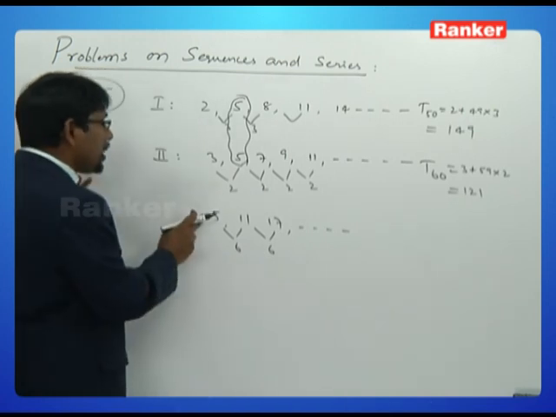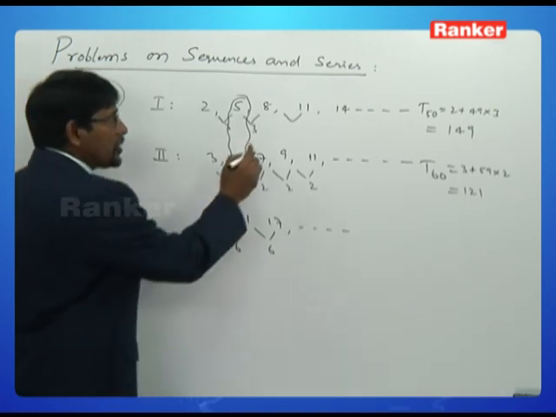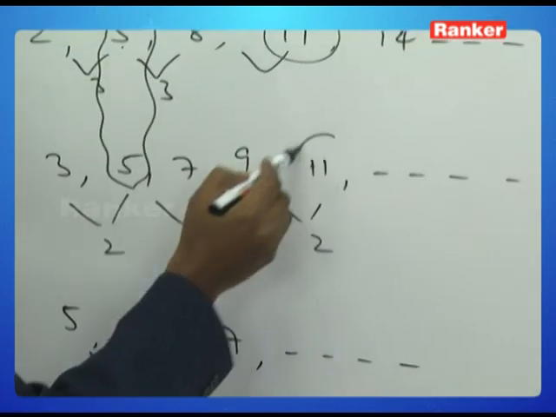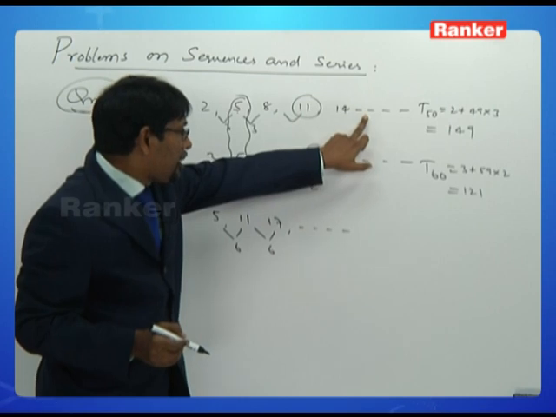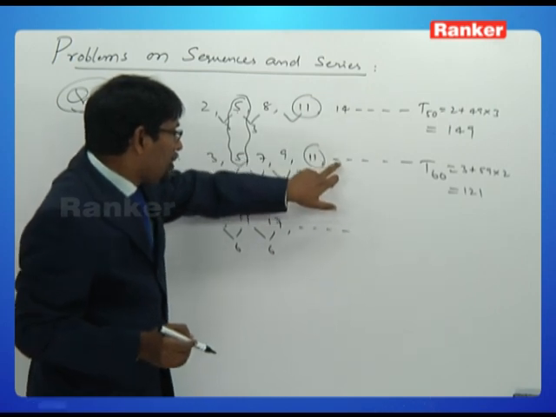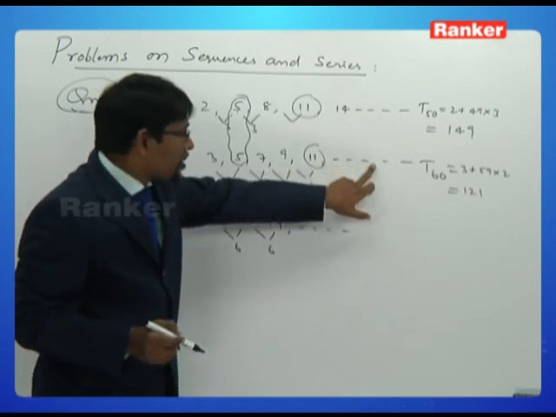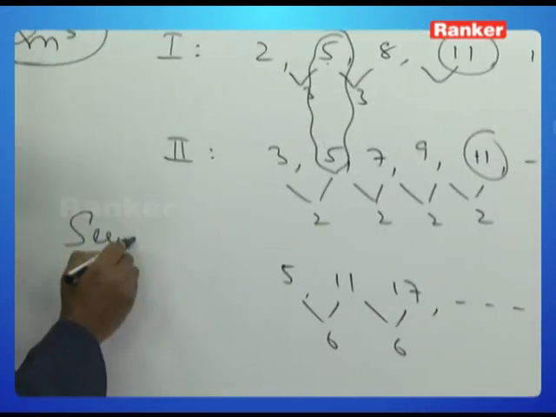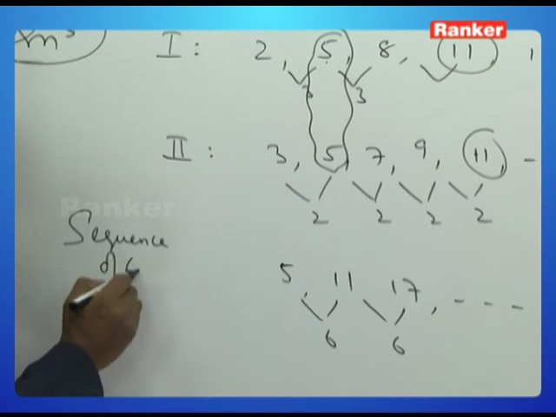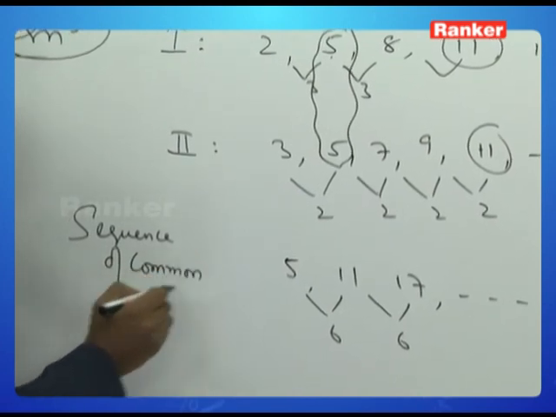Now these are definitely going to be the common terms here. You see that 5, then 11, then we have 17. 17 will come here, and 11, 13, 15, 17 will come here also. So this is the sequence of common terms.